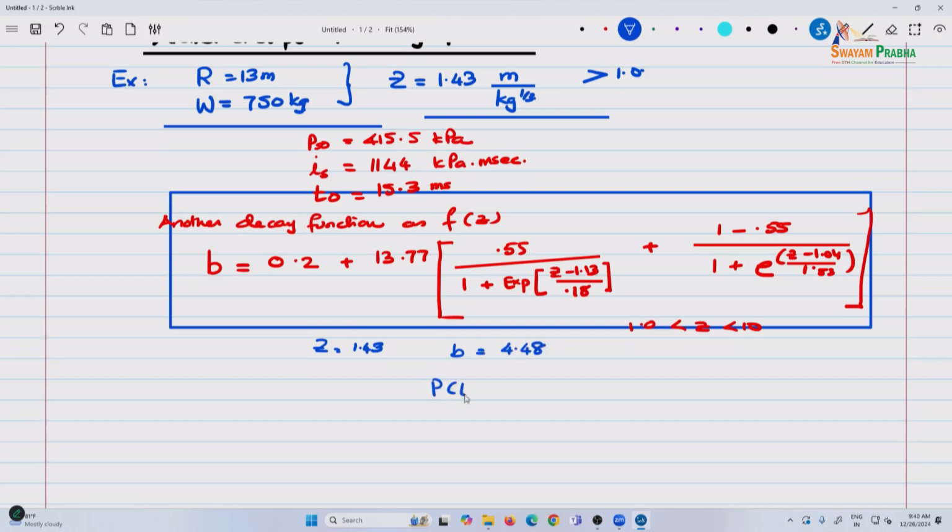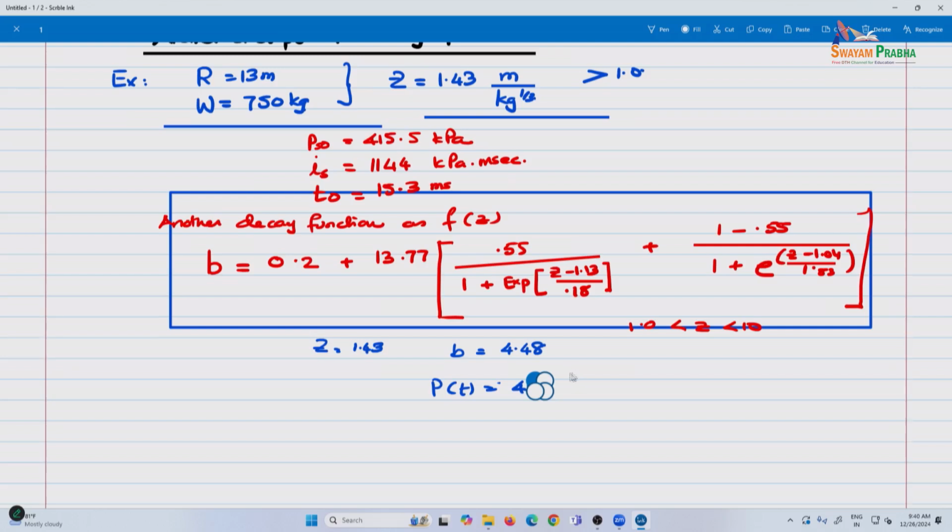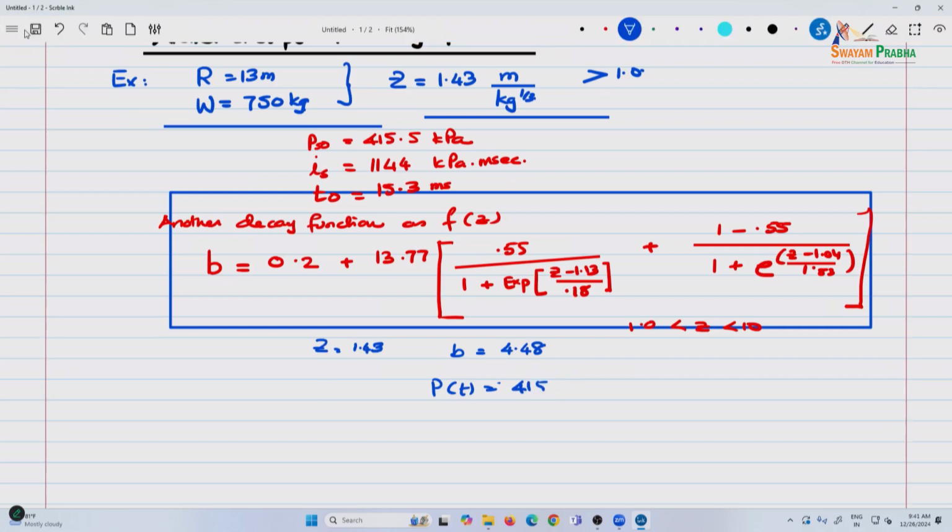And for the Friedlander function, if you're developing some analytical work, you can definitely use equations like this. I have a couple of references. So this is 1 minus t divided by t naught, e power minus 4.48 t divided by 15.3.